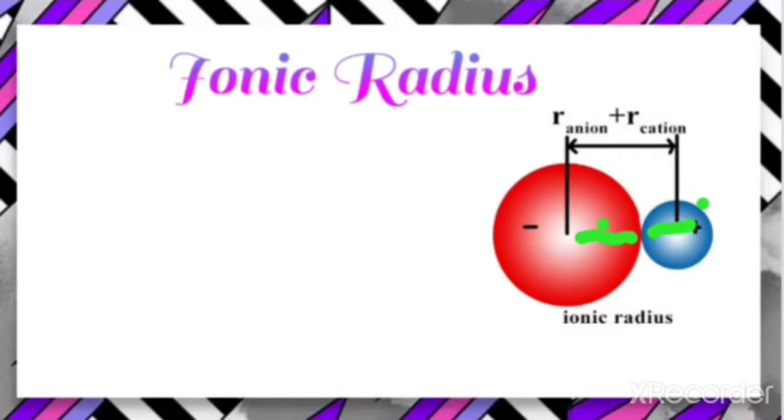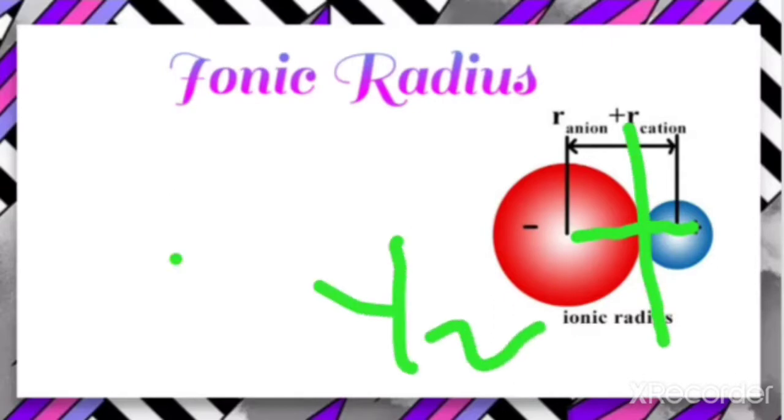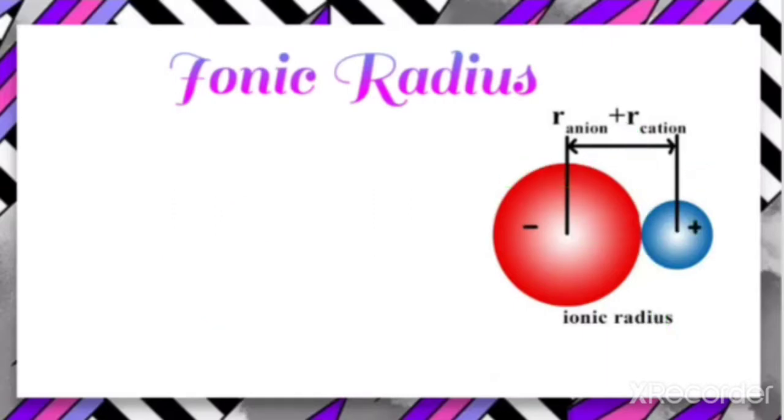So in such a case, if you find out the internuclear distance between these two and take half of it, that does not give the exact radius of that ion, because the two are not equal in size. So in that case, how do we define it?